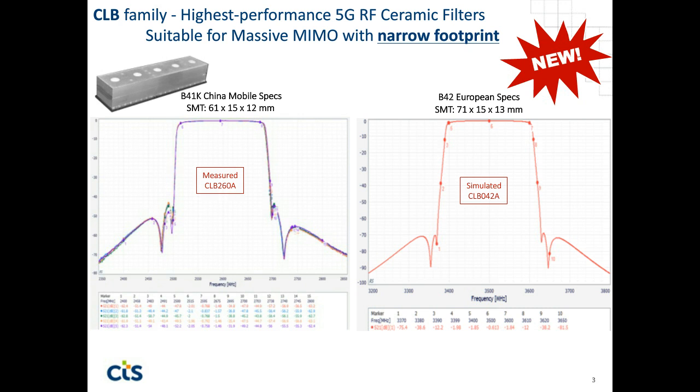China Mobile's subset of band 41 being one example where you need a wide passband starting from 2515 megahertz going to 2675 megahertz, and yet only 15 megahertz away on the low side at 2500, you need to be better than 40 dB down.